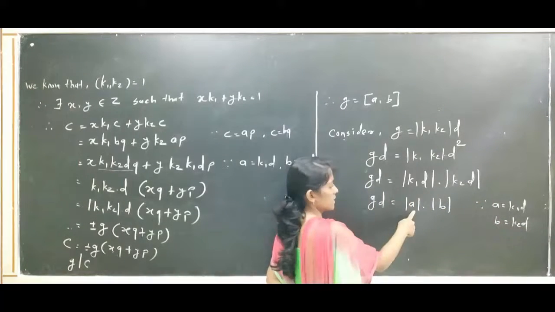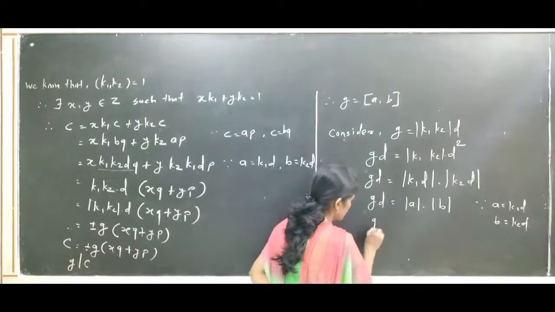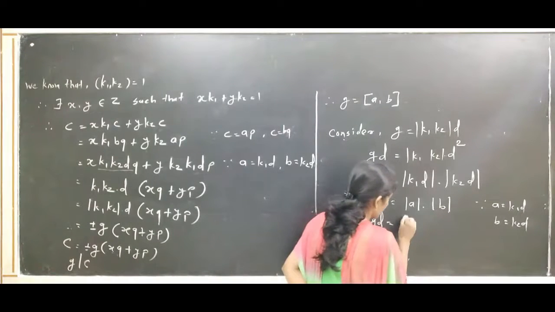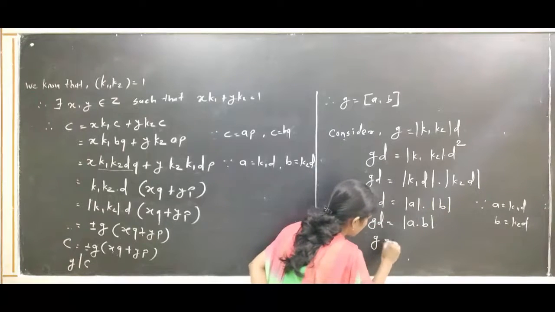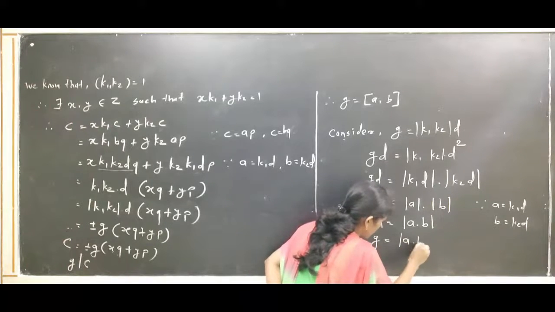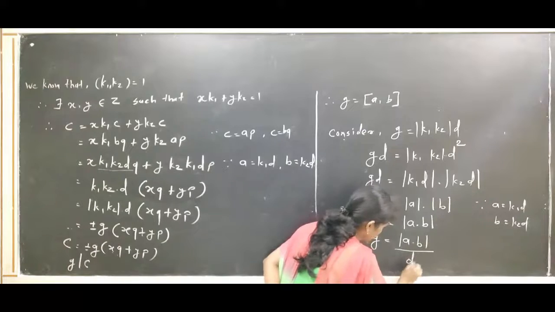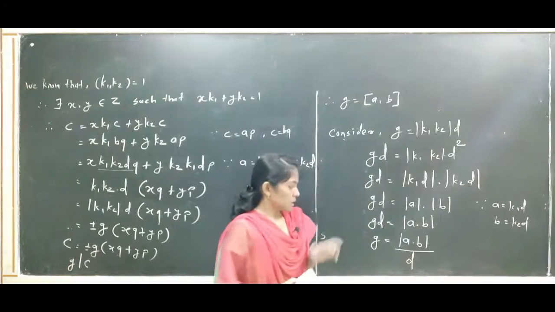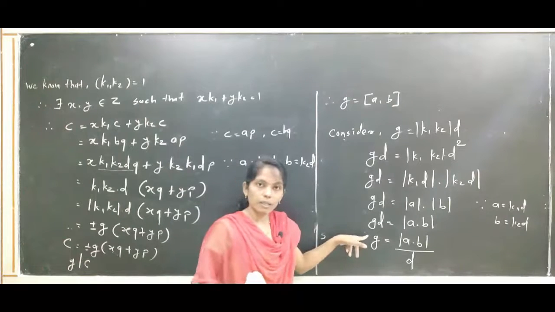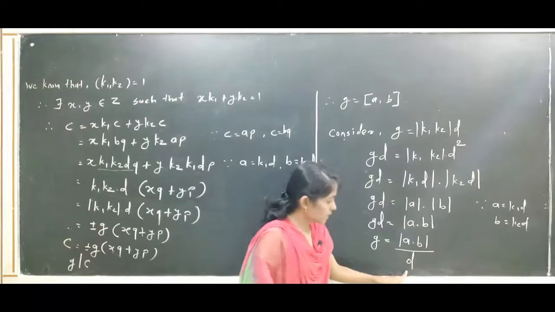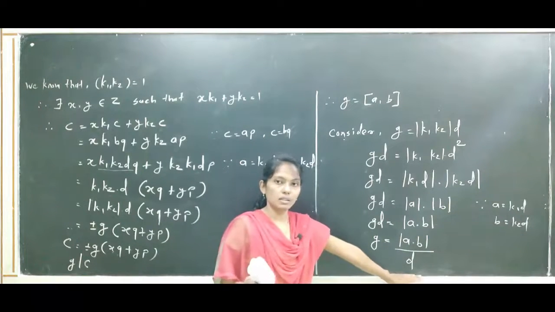Okay, so we get gd is equal to mod a into mod b. So again gd is equal to mod a into b, and simplifying this, g is equal to mod a into b divided by d. So now in this example we showed that g is nothing but the LCM of AB and d is nothing but the GCD of AB.